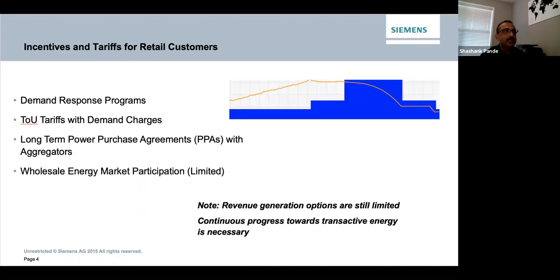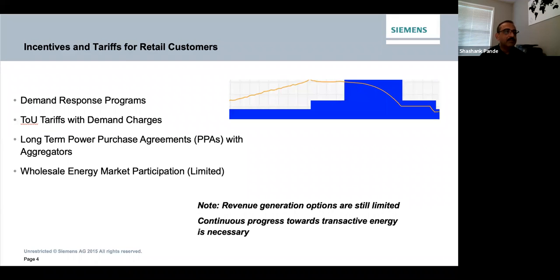So talking about the incentives available, that's another area that I think is severely lacking. I think Hussein also mentioned that there is not much flexibility or not that many options for revenue generation. So much talked about today are the demand response programs, the time of usage tariff with demand charges where you can save some money.